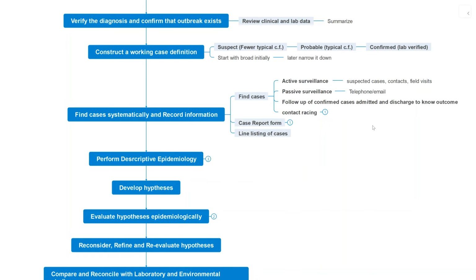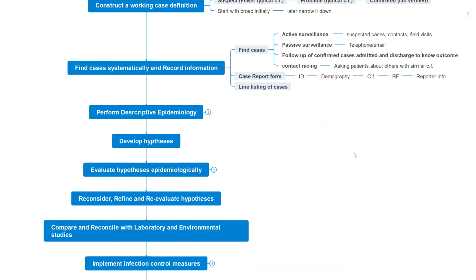Passive surveillance can be done by telephone or email, and contact tracing can be done by asking patients about others with similar clinical features in their surroundings. Case report forms should include ID, demography, clinical features, risk factors, and reporter information. Line listing of cases should be done.